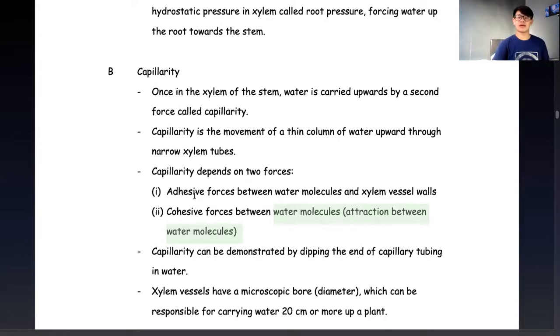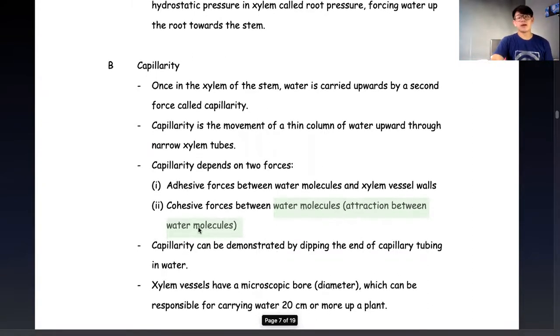That is the cohesive force. Capillarity can be demonstrated by dipping the end of a capillary tube in water. You can see it moving up. If you have a very narrow tube, like a straw, and dip it in, you can see the water slightly move up. You can try it on your own.